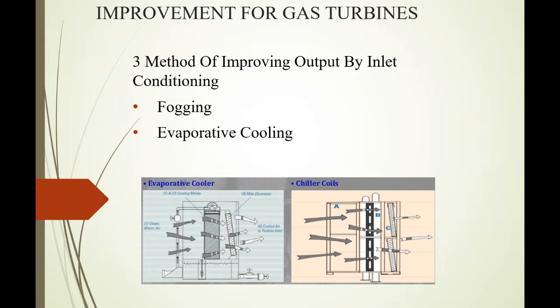As the incoming air passes through the media, it absorbs some of the moisture and at the same time loses heat, resulting in cooler, denser air. This dense air then enters the compressor. Denser air allows the turbine to produce more output power with improved turbine efficiency.